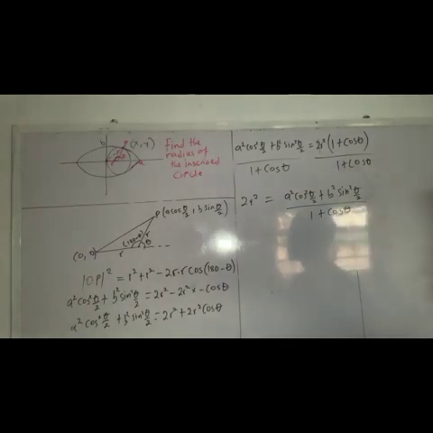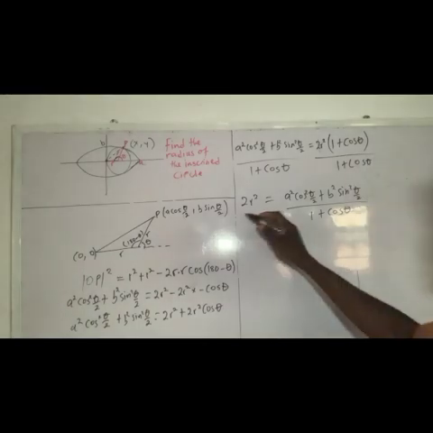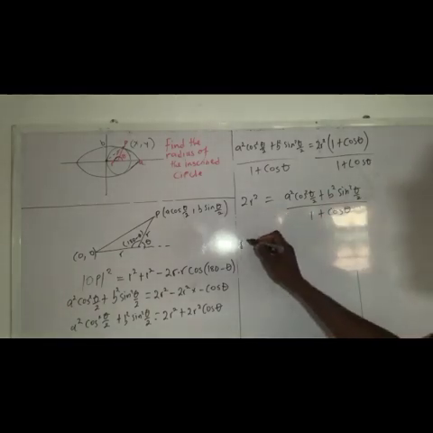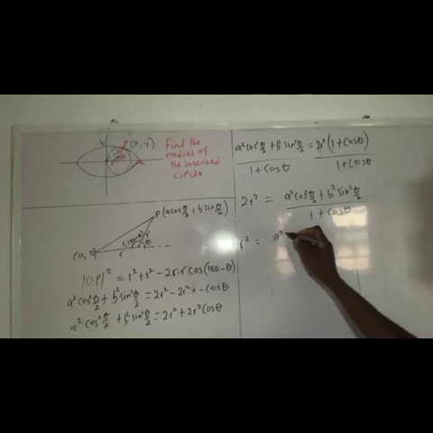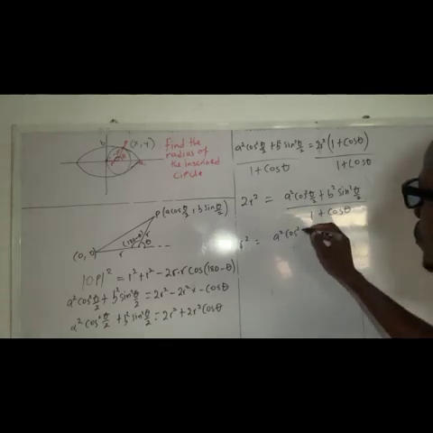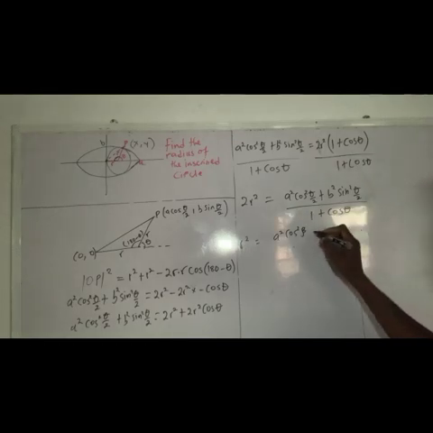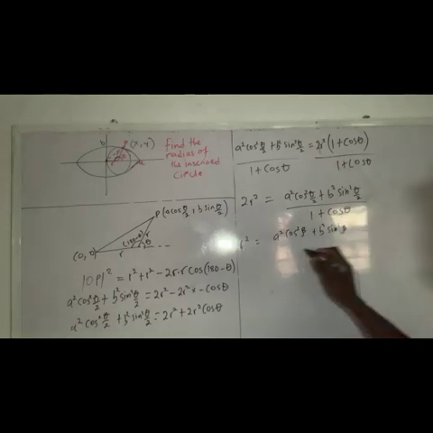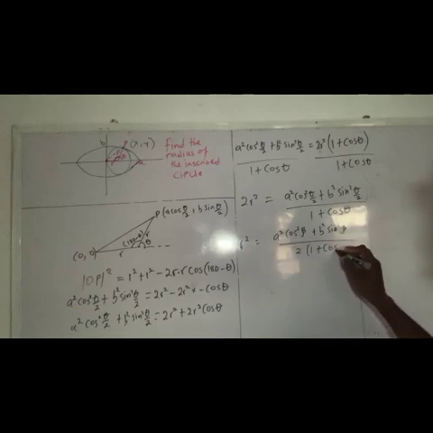Then you have to divide both sides by 2, so r squared equals a squared cos squared, and we can change these to beta, take note, plus b squared sine squared beta, all over 2 into 1 plus cos theta.